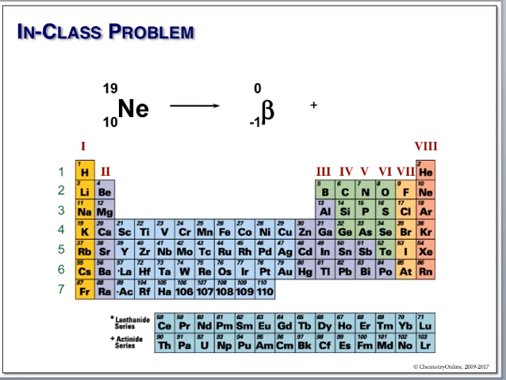That means that the atomic number here must be 11. We look at our table. Let's see, that's sodium. How about that? And our mass is still 19. Any questions?